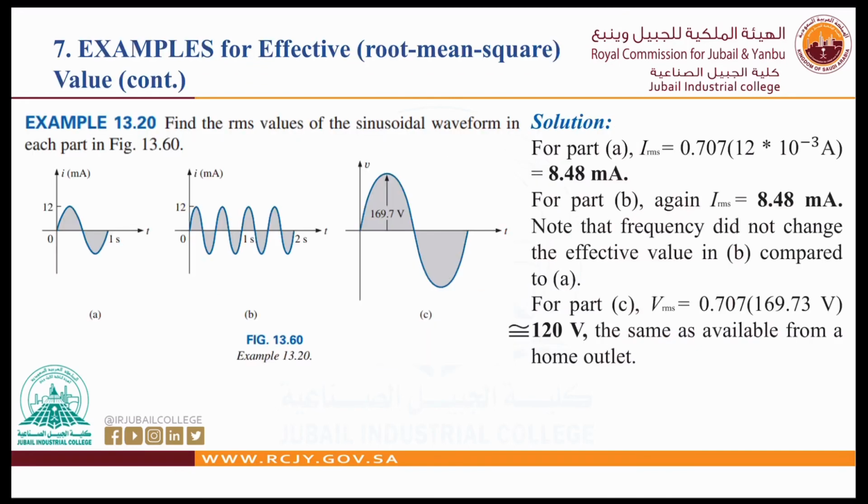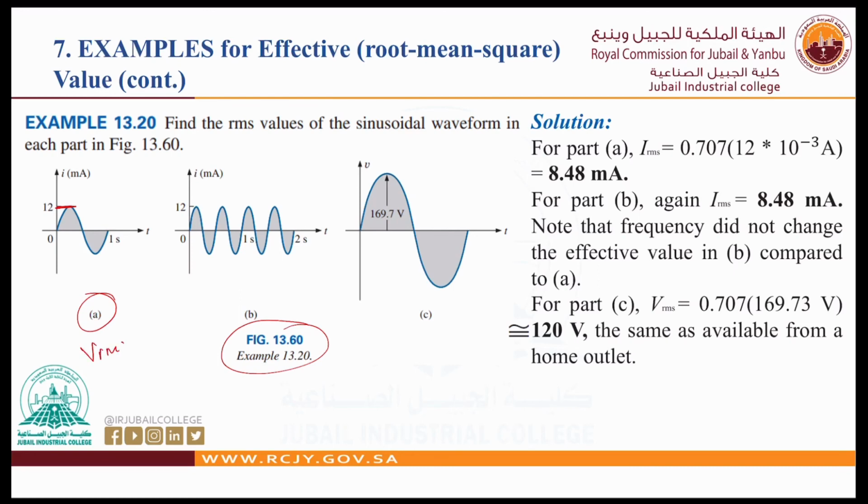For this example, find the RMS values of the sinusoidal waveform in each part of figure 13.60. So part A, I need to find the RMS value. This is the maximum value. Let us solve it together.